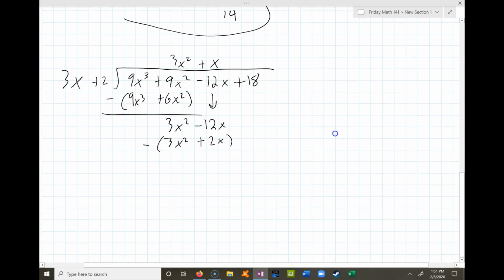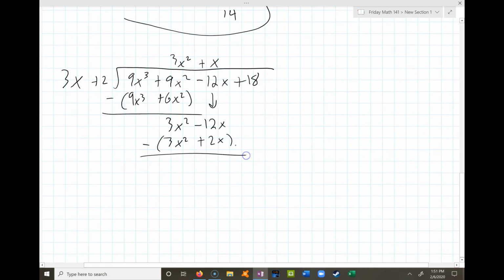So that would give me 3x squared plus 2x. And now I'm going to subtract. 3x squared minus 3x squared is 0. Negative 12x minus 2x would be negative 14x. And I bring that 18 down. And I ask myself, what times 3x equals negative 14x? The answer would be negative 14 over 3.